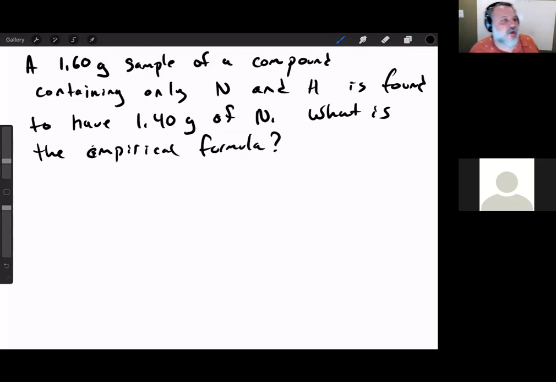Okay, here's an example. A 1.60 gram sample of a compound containing only nitrogen and hydrogen is found to have 1.4 grams of nitrogen. What is the empirical formula?